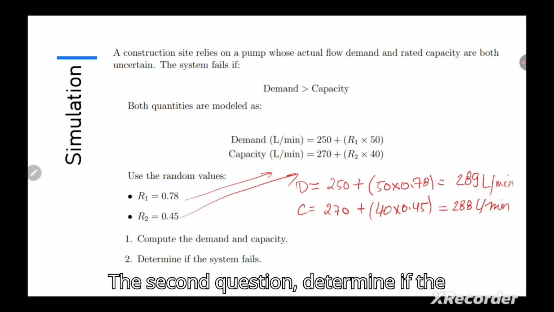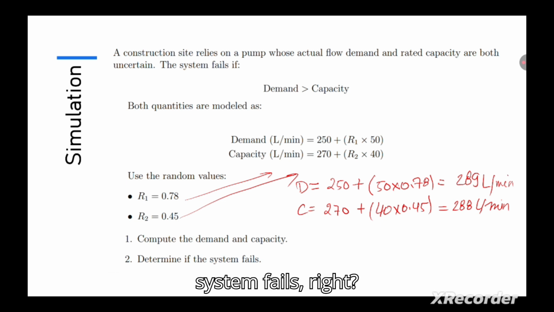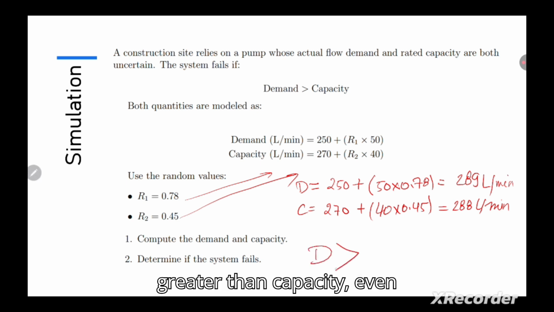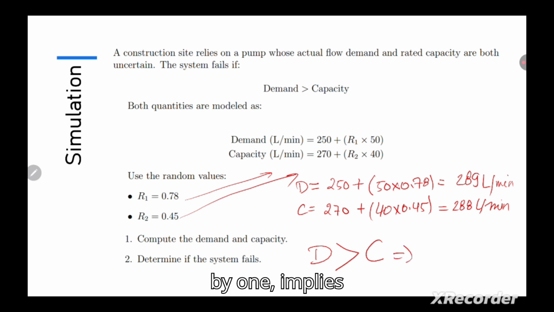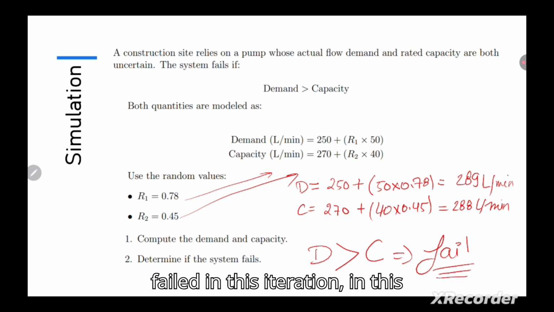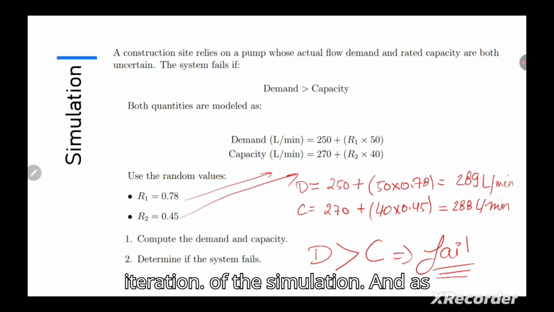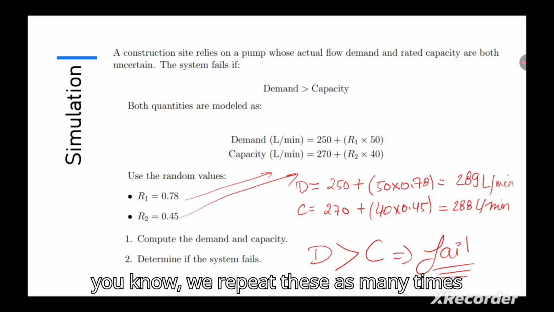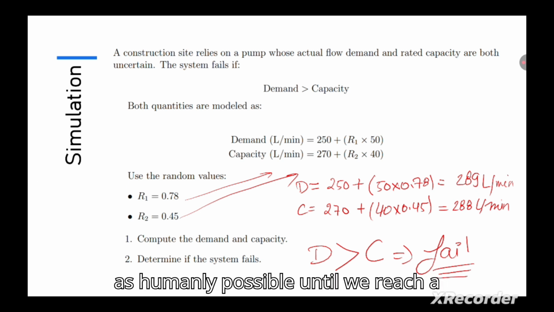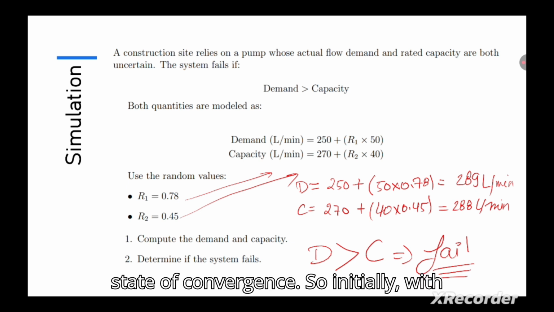The second question, determine if the system fails, right? So since demand is greater than capacity, even by 1, that implies fail. The system has failed in this iteration of the simulation. And as you know, we repeat these as many times as humanly possible until we reach a state of convergence.